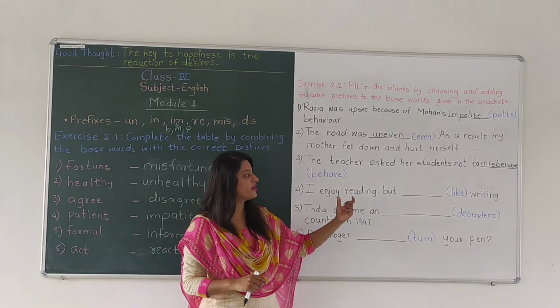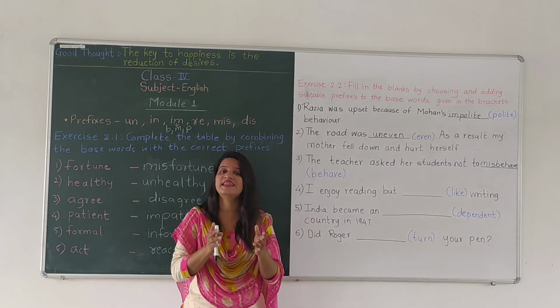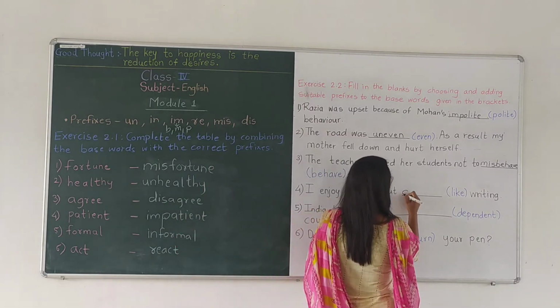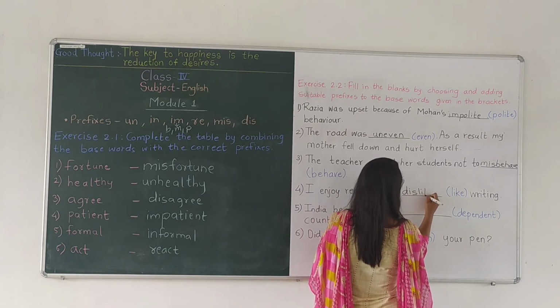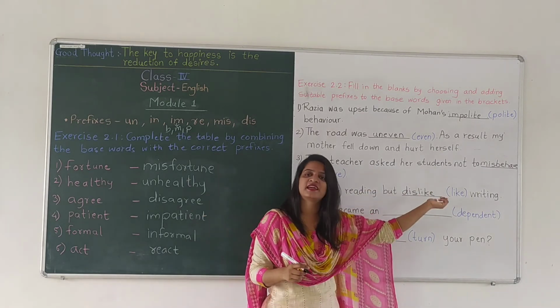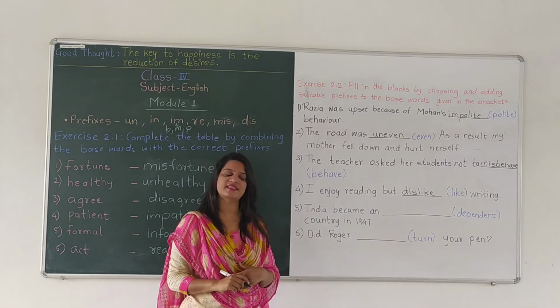But over here we cannot use unlike. What can we use? We can use dislike, meaning not to like. So I will write it down here. Dislike. I enjoy reading but dislike writing. Alright. Now let us move towards the next sentence.